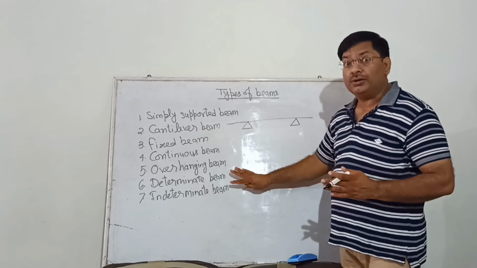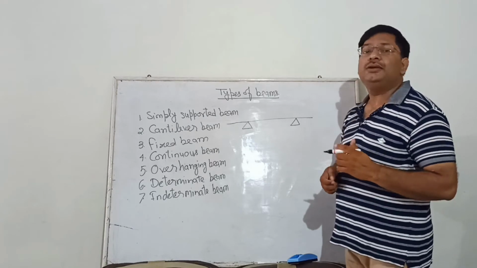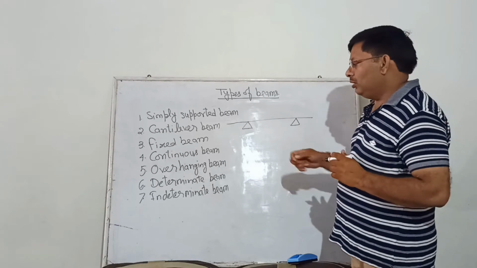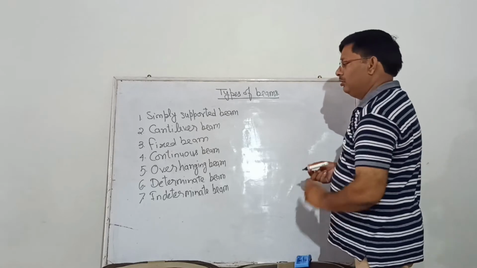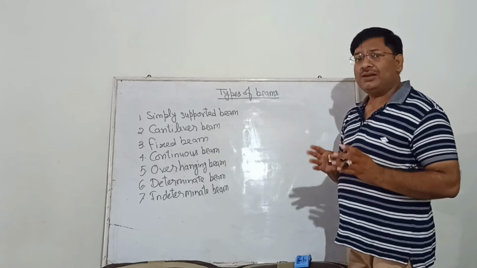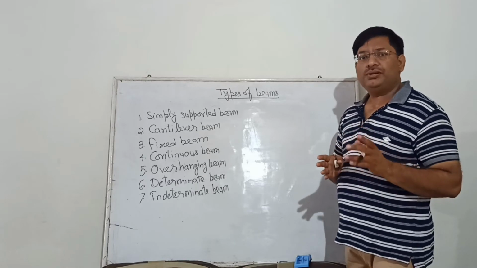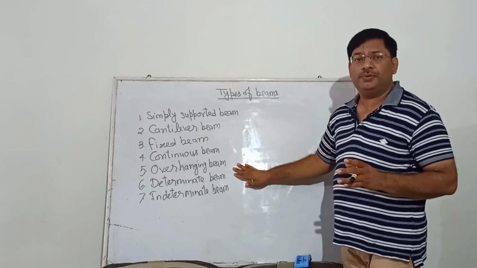Now we have 2 more types of beams: one is the determinate beam and another is the indeterminate beam. Now see what a determinate beam is. A beam in which we can calculate the value of reactions by using the equilibrium equations is known as a determinate beam.